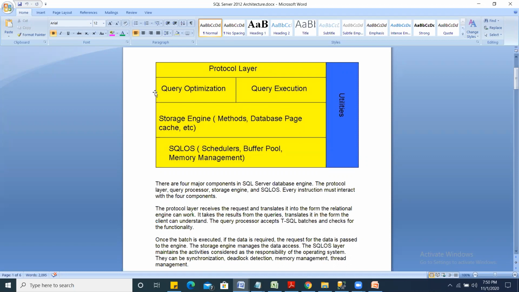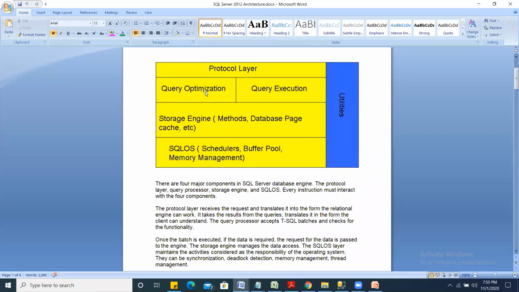Next component is your query engine, which is also known as query processor, right? It consists of many subcomponents: the parser, followed by the algebraizer. There is a subcomponent in the algebraizer known as the binder or name resolver.